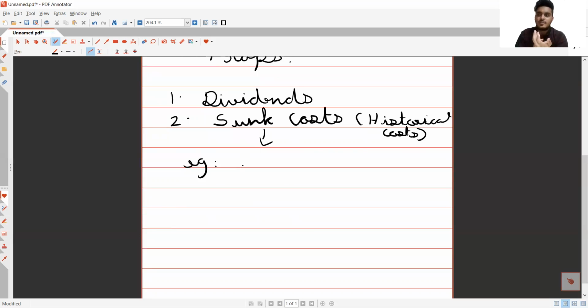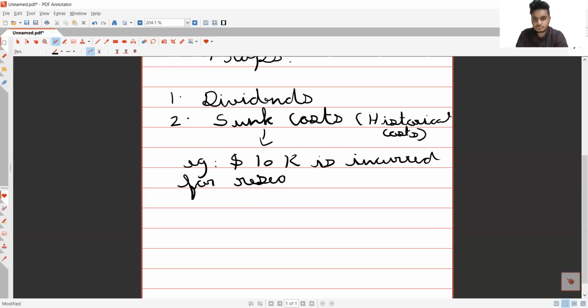You could have a scenario in the exam where they'll tell you, say, about $10K is incurred for research to determine the project feasibility.